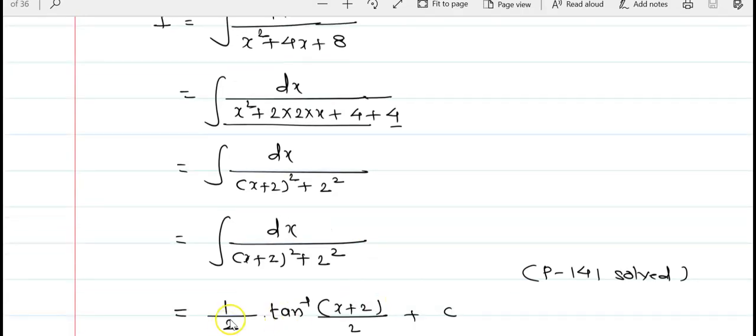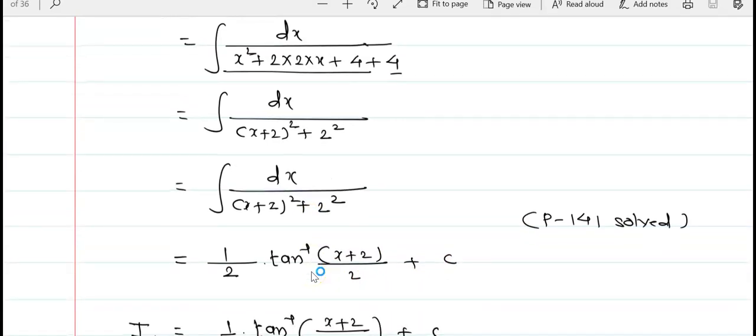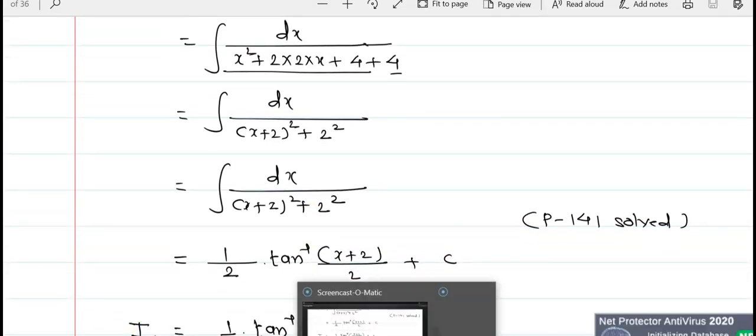Therefore, its integration is of the form integral dx upon x square plus a square, which is nothing but 1 upon a tan inverse of x upon a. Here a is 2. Tan inverse of x is x plus 2 upon a is 2, plus c. Now, let's see the next question.